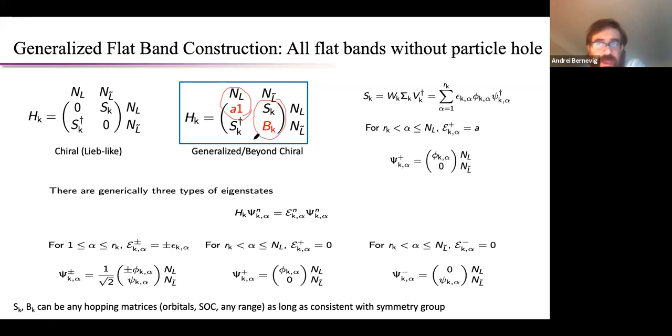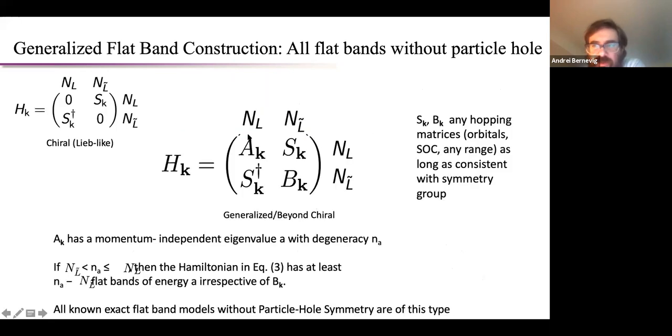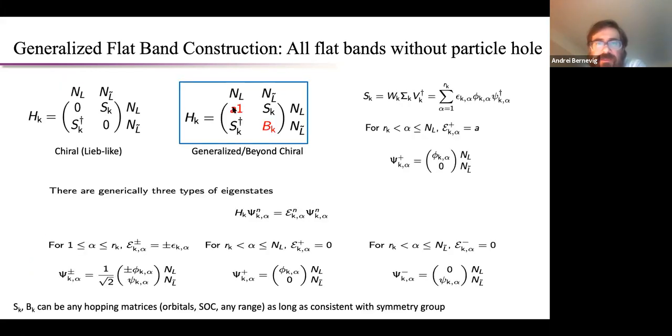Very good question. Now if I had coupling within here, any Hamiltonian can be expressed like this if I don't have any restrictions. So obviously not every Hamiltonian has flat bands. Flat bands are very specific. So these conditions are important, which are basically conditions on this A of k.